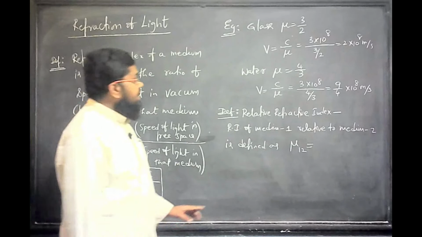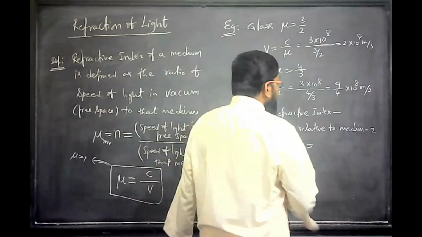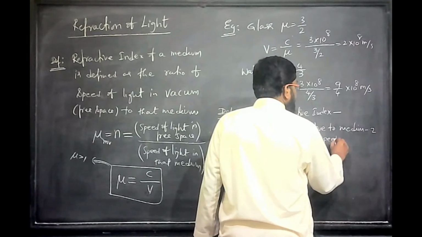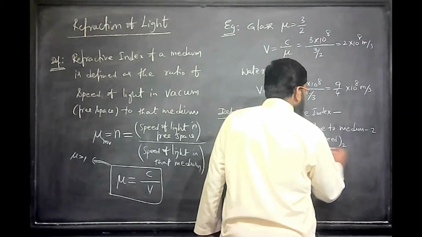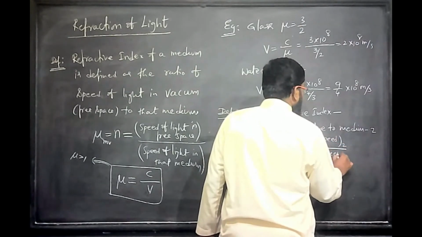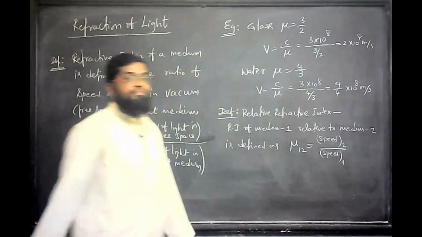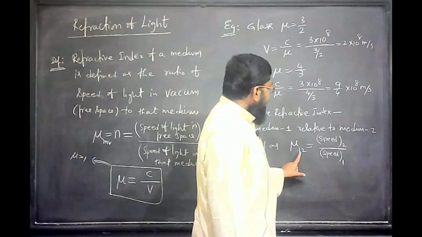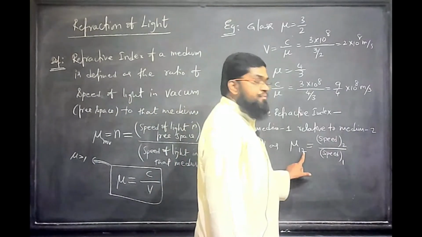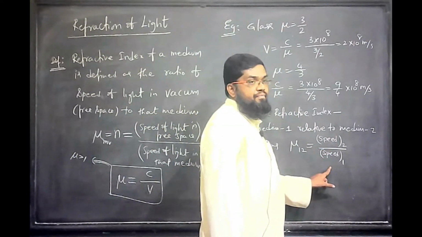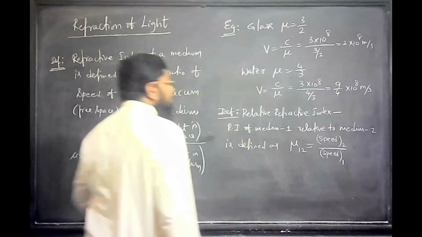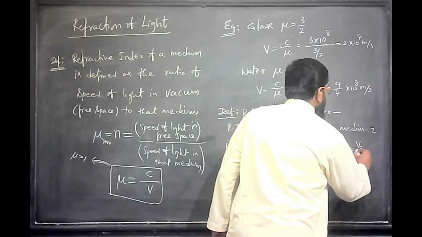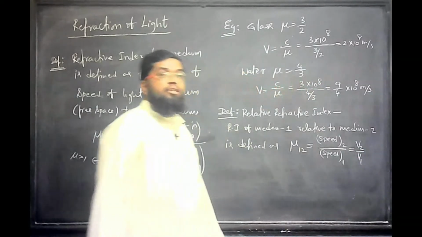So the refractive index of 1 with respect to 2 will become the speed of light in medium 2 divided by the speed of light in medium 1. So how do we write this? V2 upon V1.